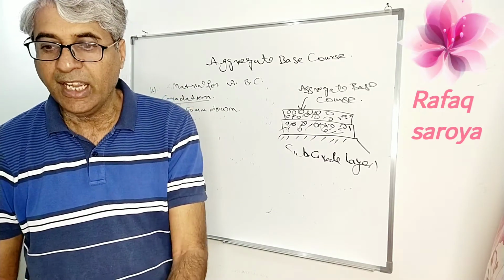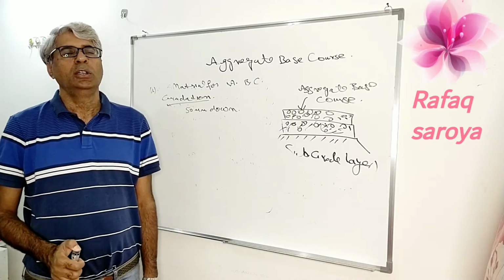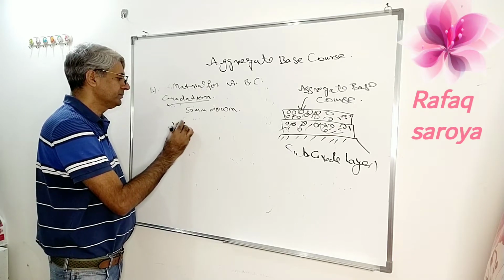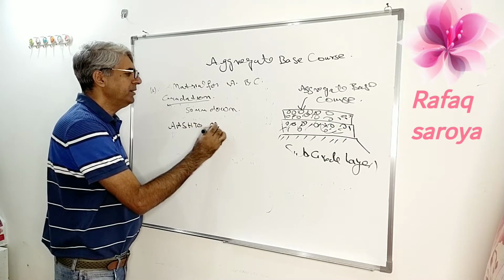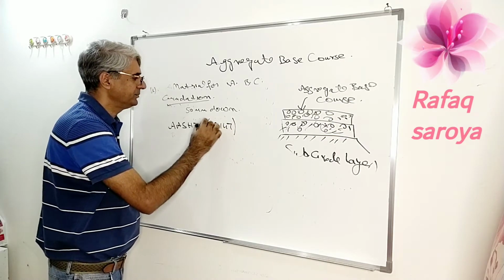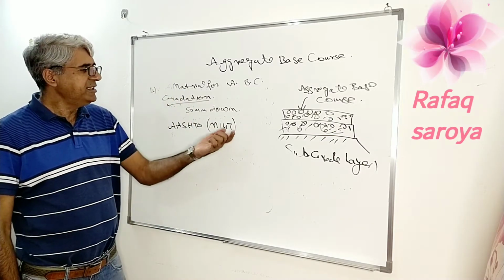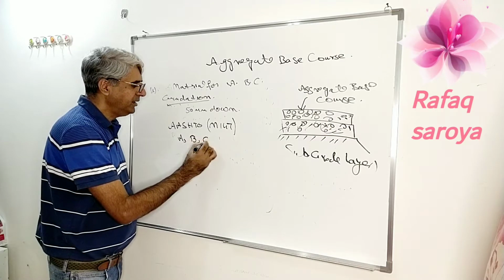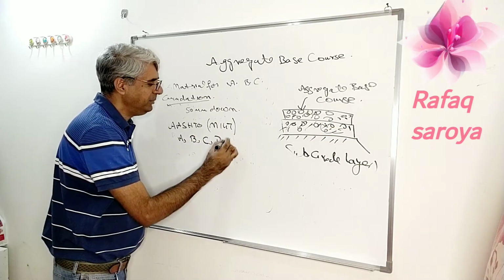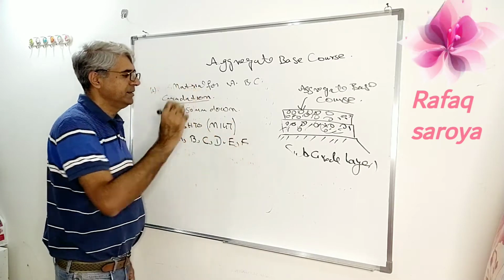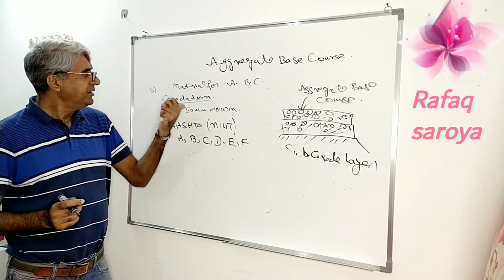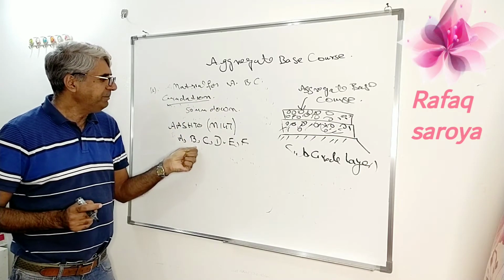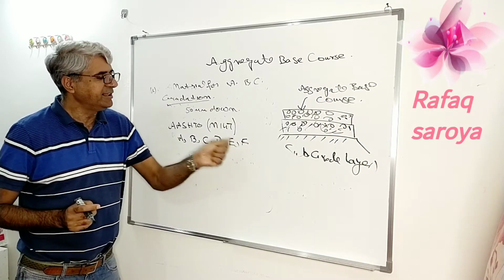Although this 50 mm down material is accepted, there are some guidelines available to know about the gradation of this material, and this gradation as per AASHTO M147 has been divided into type A, type B, type C, type D, type E, and type F. What this standard says is that the gradation for the aggregate base course material should fall in one of these categories.